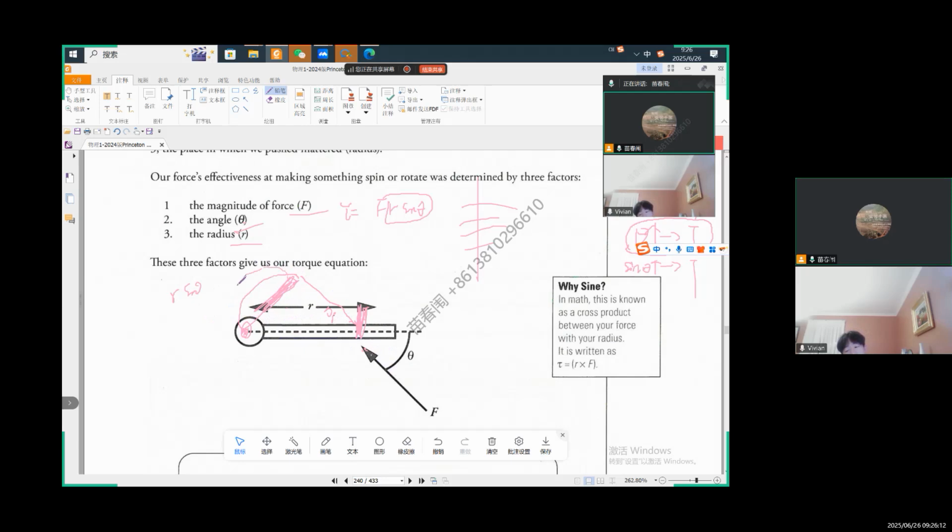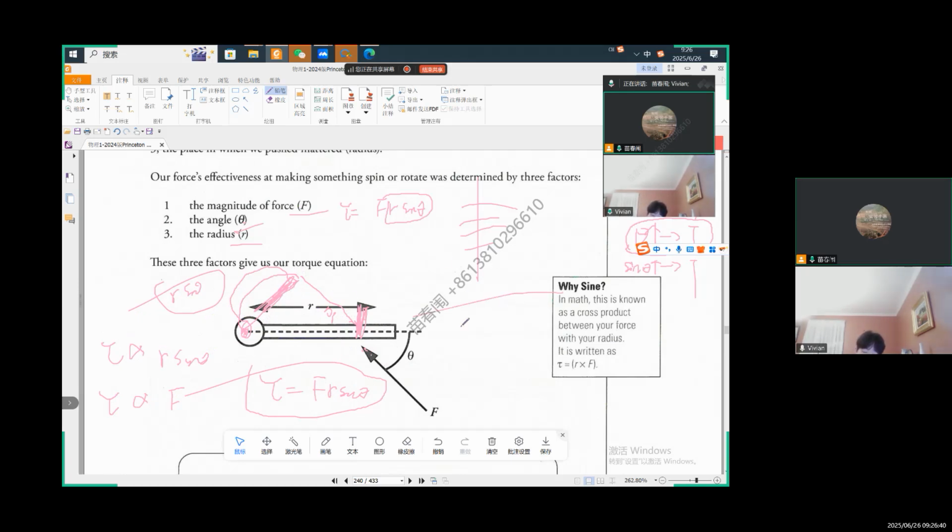So this one is R sine theta. That's why R sine theta is proportional to torque, and force is also proportional to torque. So torque equals F R sine theta is the final turning effect, or torque, that we talk about. Does that make sense?